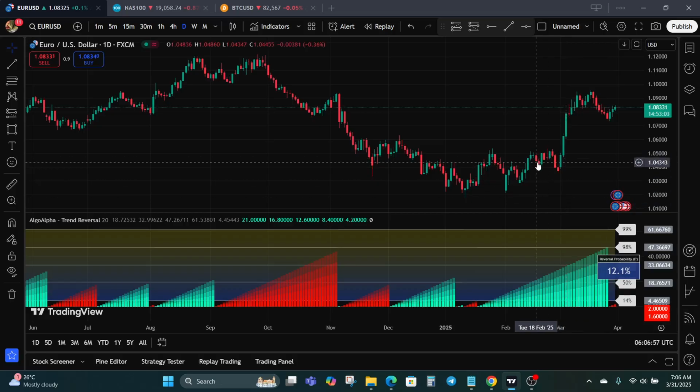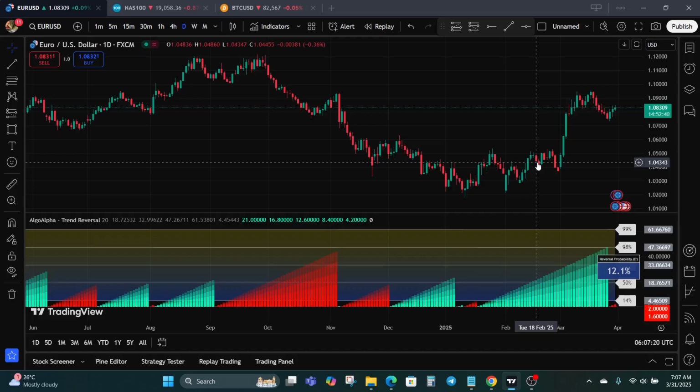Knowing when a trend is at risk of reversing can help you make better trading decisions, giving you an edge in the market. We've all experienced that feeling of being caught in a trade. If you have been in the market for a while, you will know that feeling right before the market turns against you. And that feeling can be really discouraging.